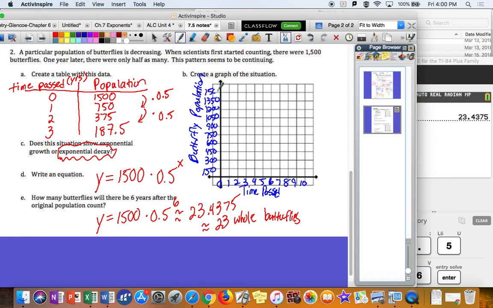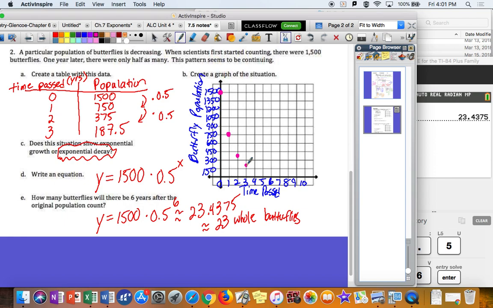So that actually works out really nicely. And so then graphing that, I'm going to switch colors again. We have 1,500 as our starting amount. After 1 year, we have 750. After 2 years, we have 375. So I've got to start approximating here. After 3 years, we have 187.